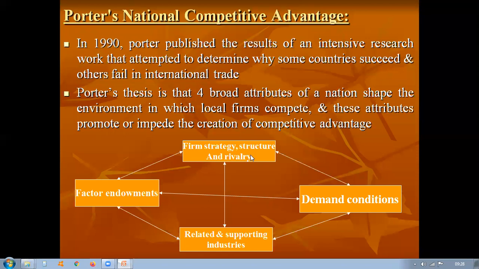You can see there are many small countries, Japan, Germany, Thailand, Korea, Switzerland. Their domestic market is very small, but they are producing on a large scale. So they can export all that excess production after meeting the domestic demand.